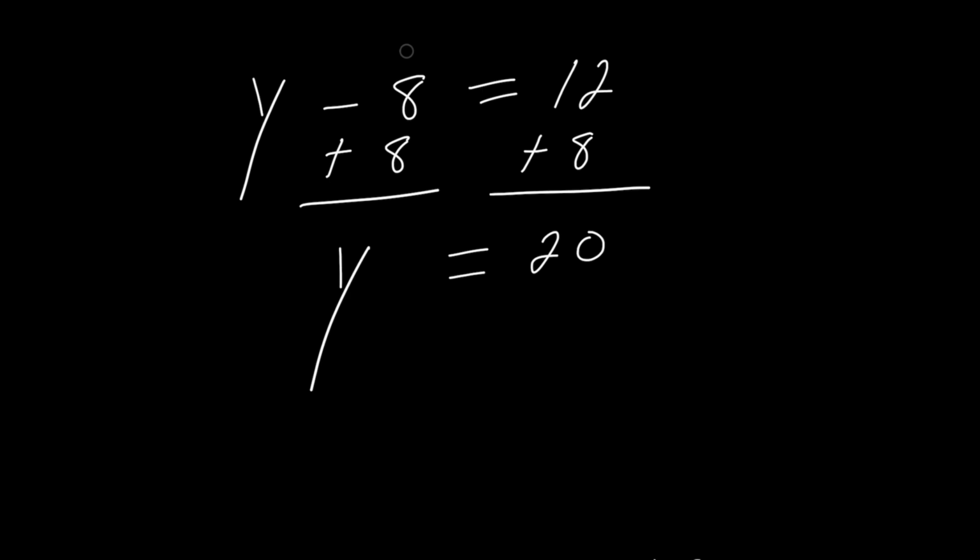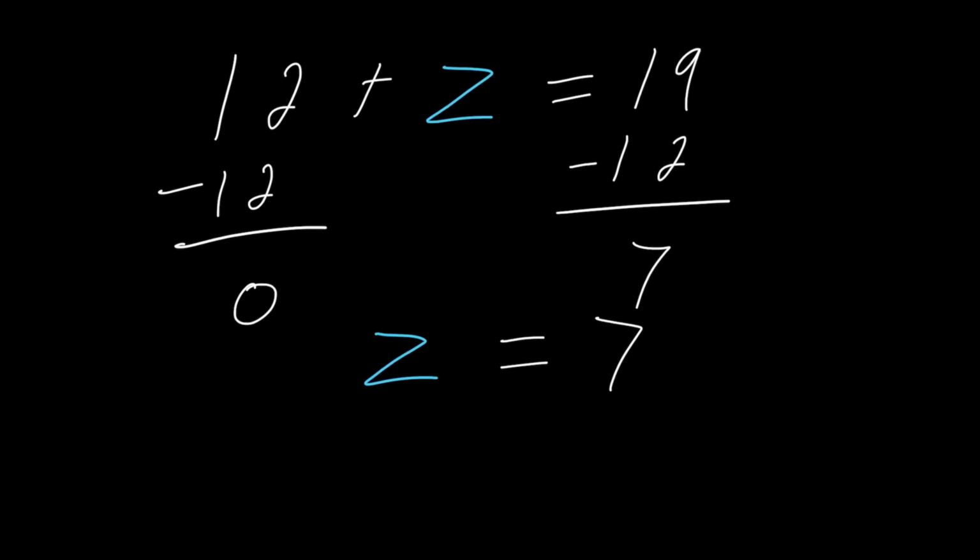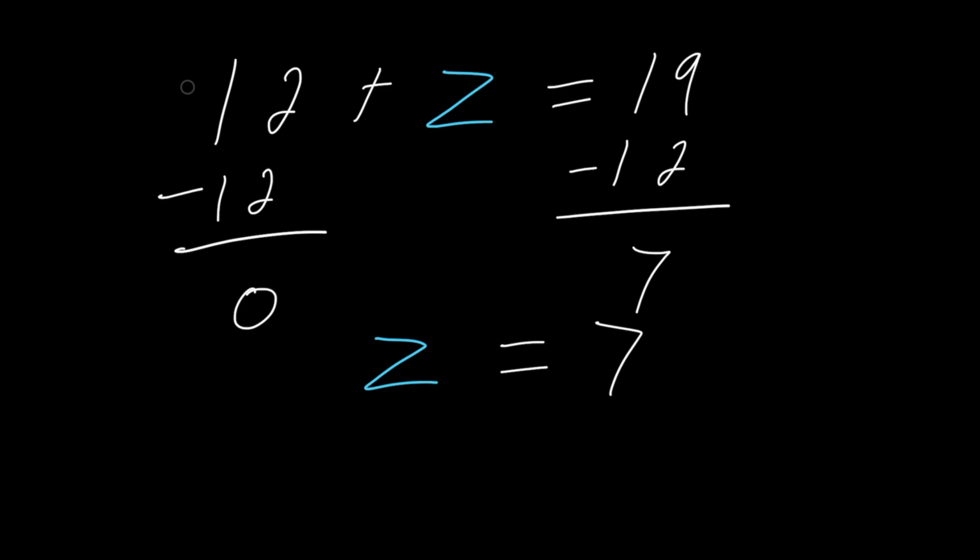So when we have a negative number, in order to get rid of it, we add that same number to it. So negative and positive cancel each other out and just become 0. Over here, we had a positive 12. When we have a positive number, we subtract. So 12 minus 12 equals 0.